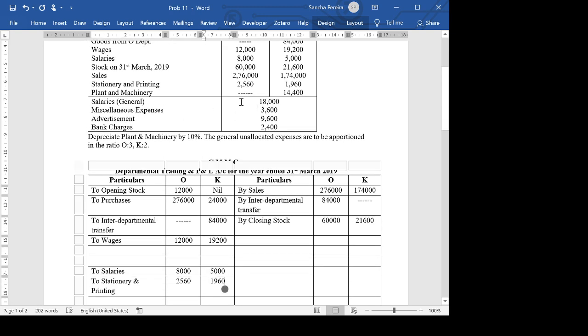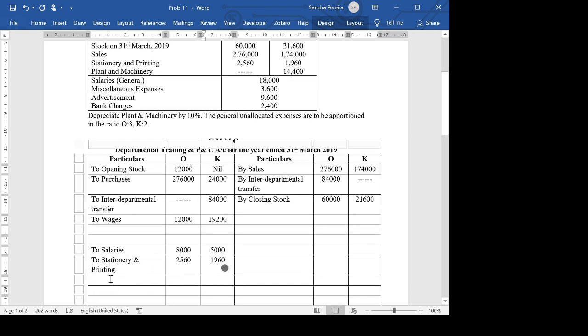Salaries, now this has not been allocated, divided, but they have already told us the general unallocated expenses are to be apportioned in the ratio of O 3 and K 2. Now we have already taken salaries. You can either add the salaries in that same proportion here, or you can show a separate item as salaries general. I will show a separate item: to salaries, in brackets I'll put general.